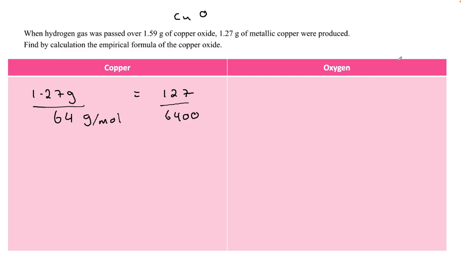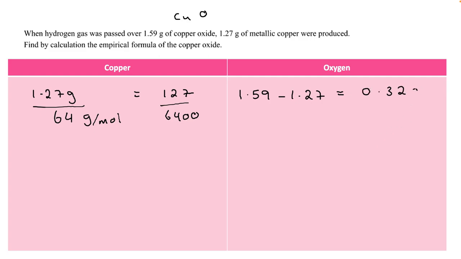Now, to get the oxygen moles, I first need to know the mass of oxygen that would have come out of that. Well, if I started out with 1.59 grams and I managed to extract out of that 1.27 grams of copper, the remaining amount of mass is actually going to be our oxygen. So I'm going to subtract that, and what I get is 0.32.